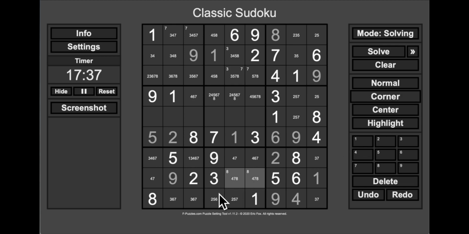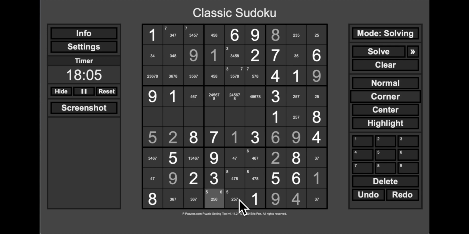The 8 must be there. 6 must be there. 5 must be there. That can't be 2, that can't be 2.